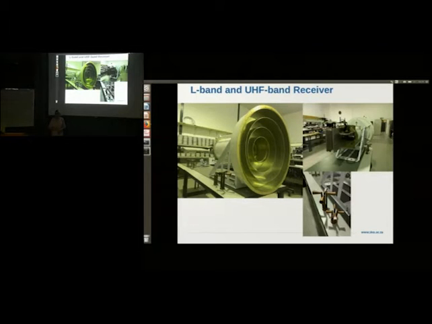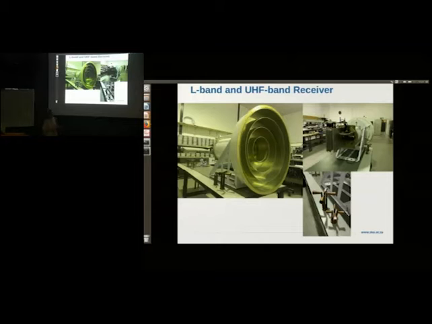MeerKAT has been optimized for having a low side lobe level. So when you look at the radiation pattern of any antenna, it will have side lobes. So you will have your main lobe, and then you've got your side lobes. And the relative difference between the main lobe and the second main lobe of the L-band receivers is 26 dB.